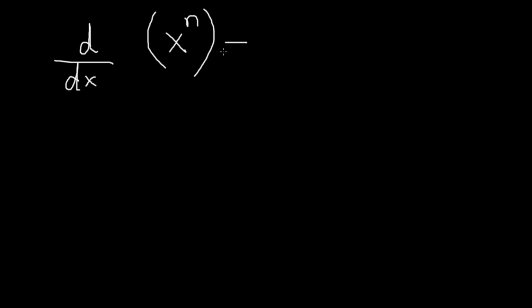If we look at the power rule, the power rule states that the derivative of x to any power, like x to the nth power, equals n times x to the n minus 1. So whatever it's raised to, you put it in the front, and then it's raised to the n minus 1.